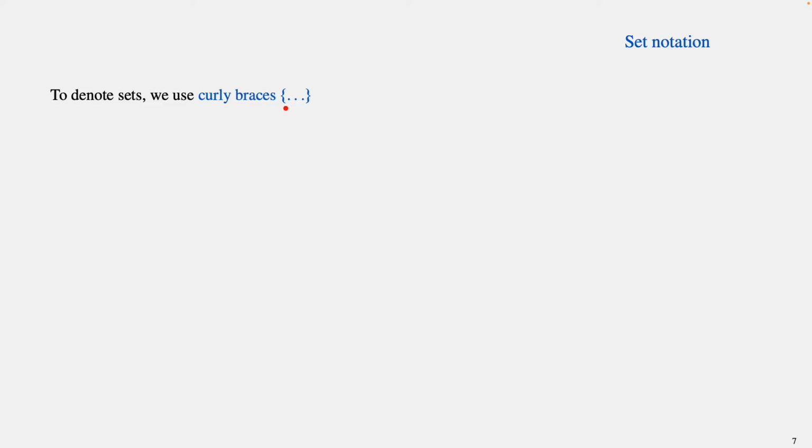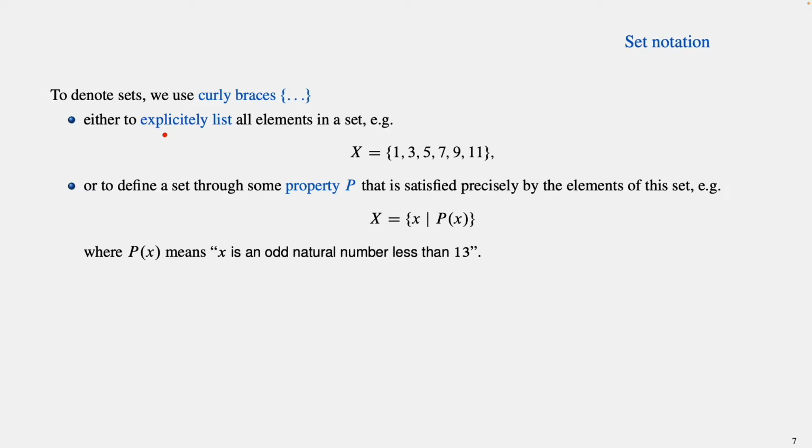We use curly braces to denote sets, so within these curly braces we write down the elements that the set should contain. We can do this in an explicit way, that is, we just list all the elements explicitly, like we do here. So if big X is our set, then 1, 3, 5, 7, 9, 11 are explicitly listed to be the elements of X. Or we can implicitly define a set by stating some property that all the elements in the set should have.